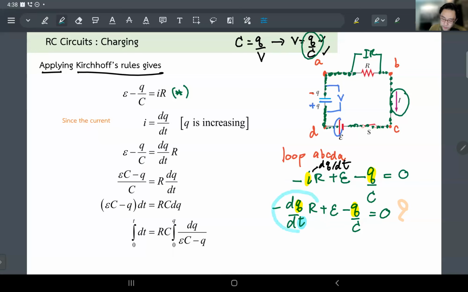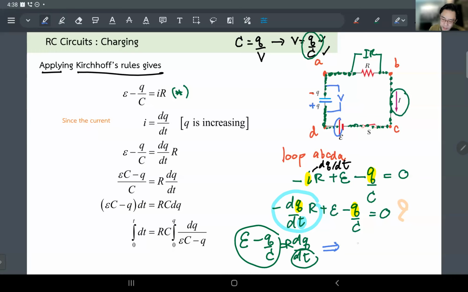For example, I can move this term to the right-hand side, and you are left with E minus q over C equals dq by dt times R, like this. Now it's just manipulation. You just want everything with q on one side and everything with t on the other side.